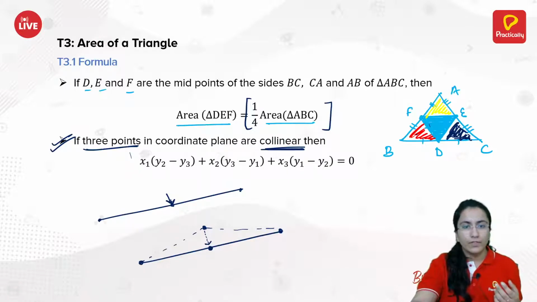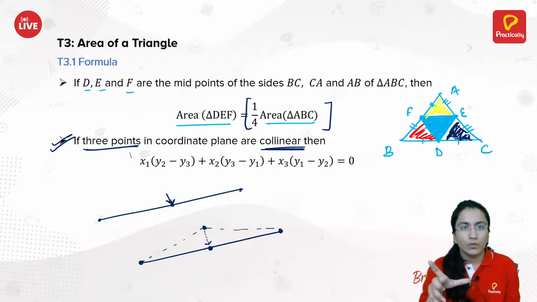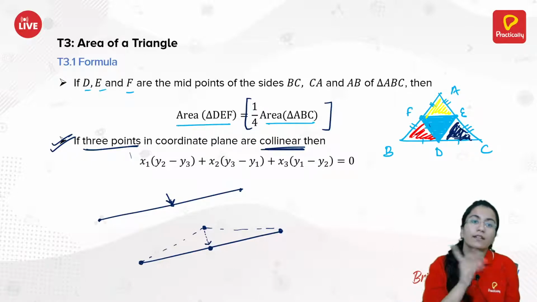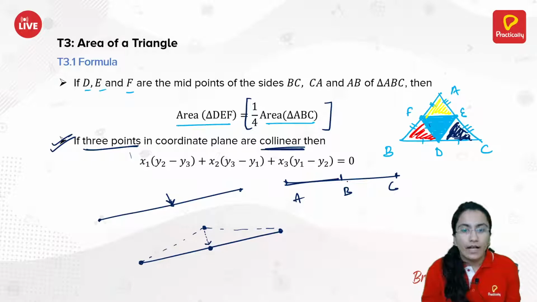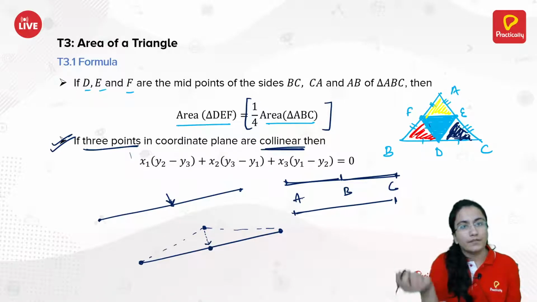One way to prove it was using the distance formula. You have 3 points A, B and C. You find the distance between A and B, the distance between B and C, and you add them to find that the distance between A and C is the same as the distance AB plus the distance BC.